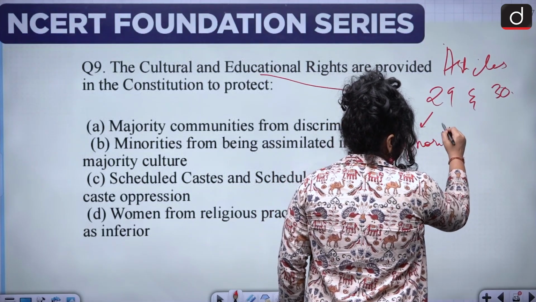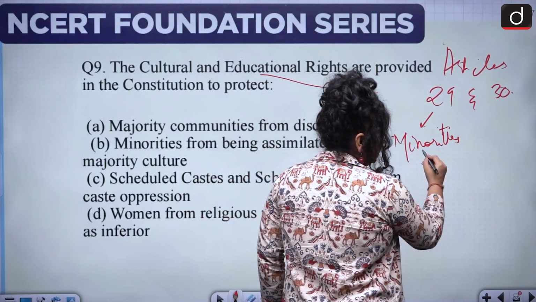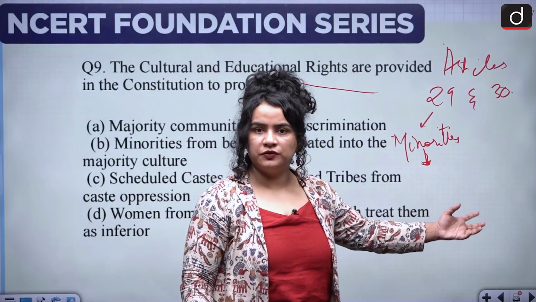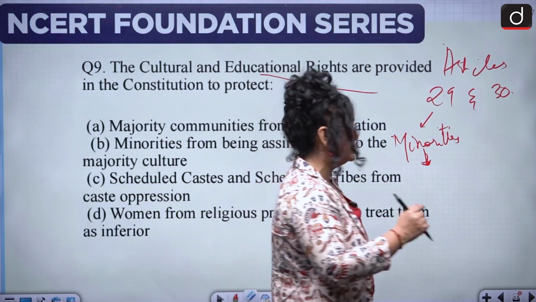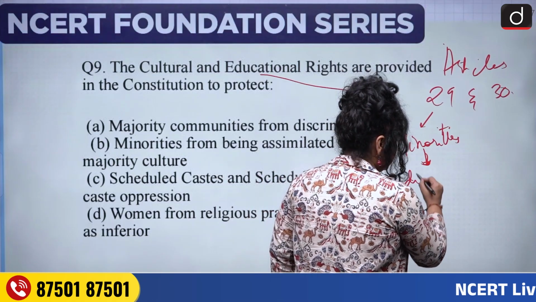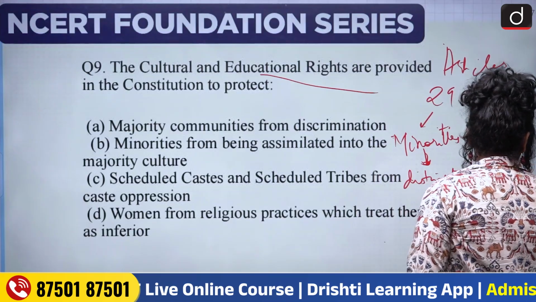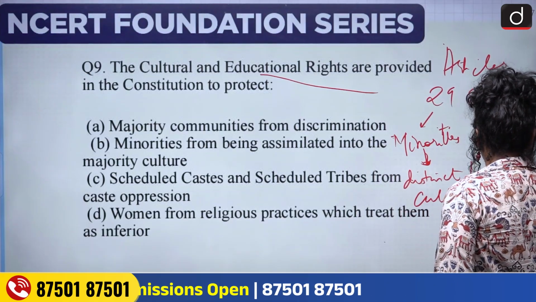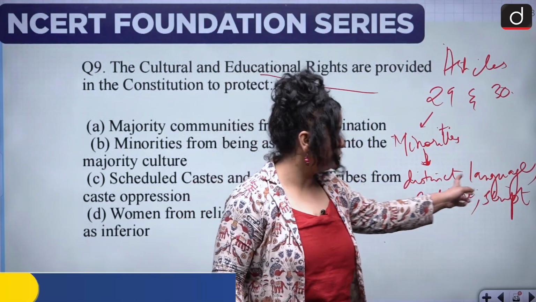What it basically specifies is that any section of the population, it's not talking about individuals over here, residing anywhere in India, which has a distinct language, culture, or script, has the right to be protected.